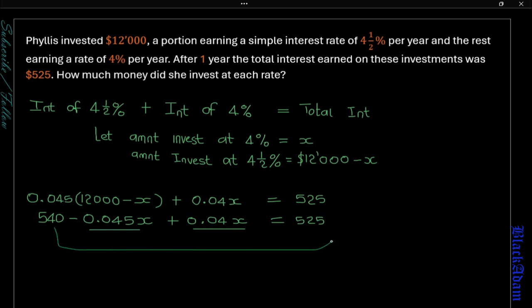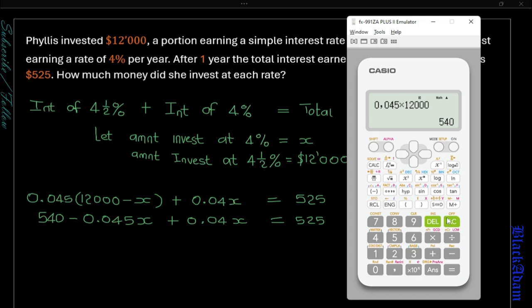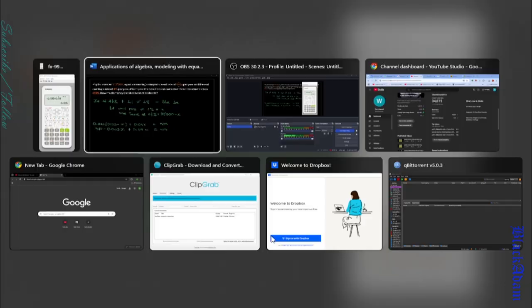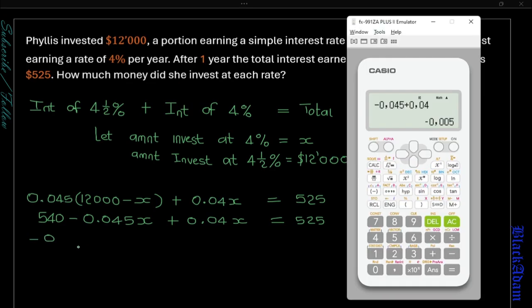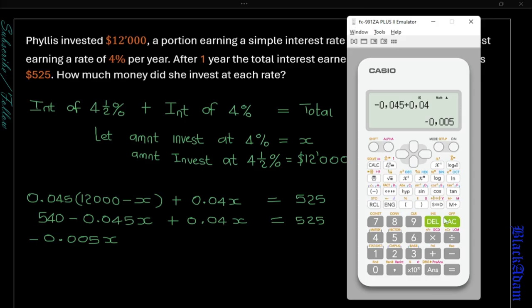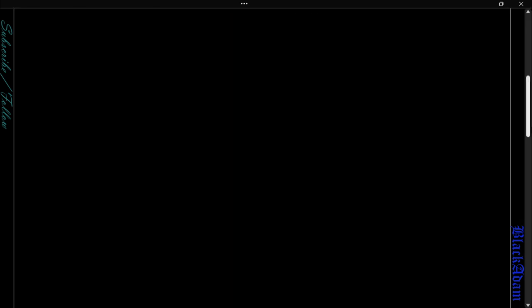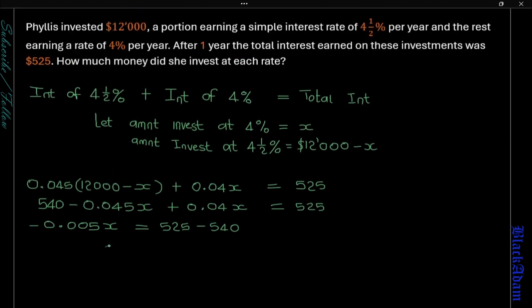Now we add the like terms: negative 0.045x plus 0.04x gives us negative 0.005x, and on the other side 525 minus 540. I think it's 15, but let's just prove it with a calculator.